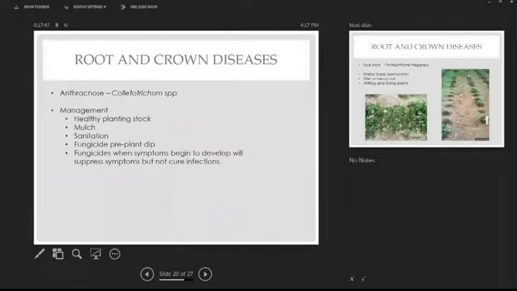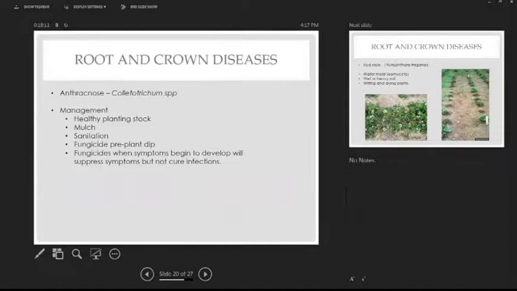So we manage by coming in with healthy planting stock. We've got to start with clean plants, and I know that's impossible. Every grower orders what they believe is clean stock, but having a reputable grower is a really important place to start. Good sanitation. As you start seeing a collapse of these plants, get them out of the field as soon as possible. We recommend pre-plant dips if you're on a plastic culture system.